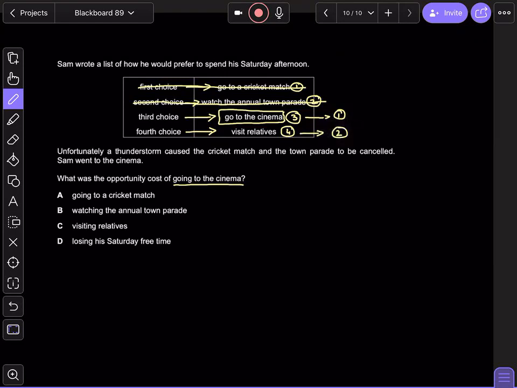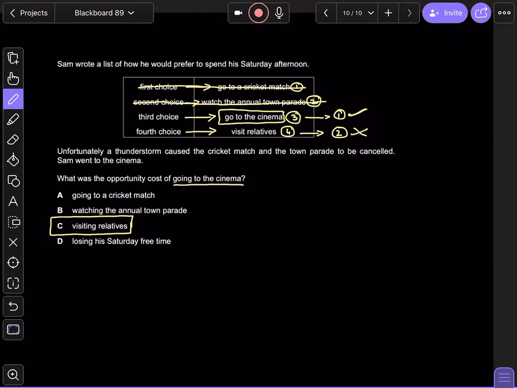So if Sam decides to go to cinema, then probably Sam won't be visiting the relatives, and when he won't be visiting the relatives and going to the cinema, then visiting the relatives will be the opportunity cost. So Sam has two alternatives: either go to cinema or visit the relatives. And when Sam chooses to go to the cinema, visiting the relatives will be the next best alternative, or the opportunity cost.